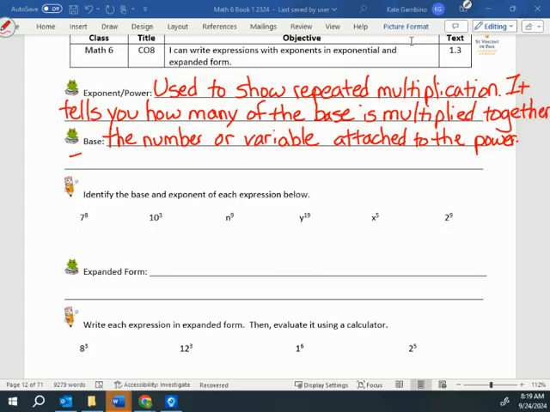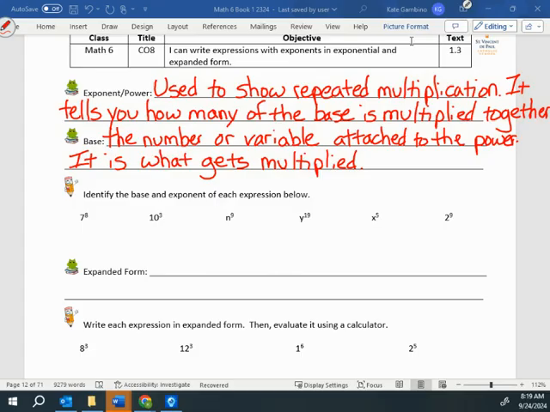It is what gets multiplied. So, the base is the big number. The exponent, or the power, is the little number up above. The base is the only number that we use when we multiply. That exponent tells us how many times we are multiplying it.